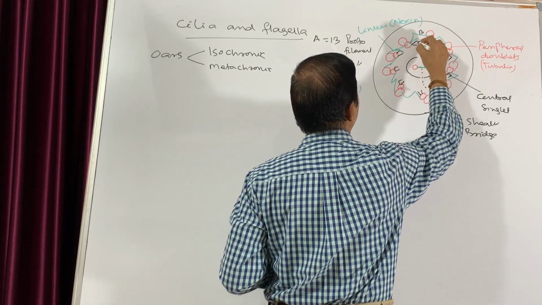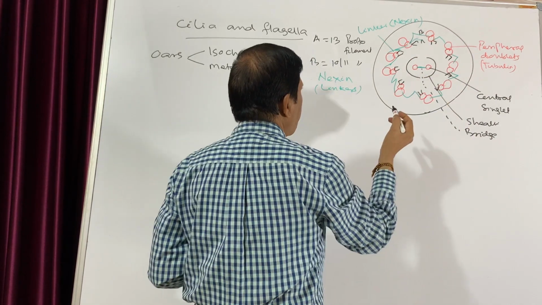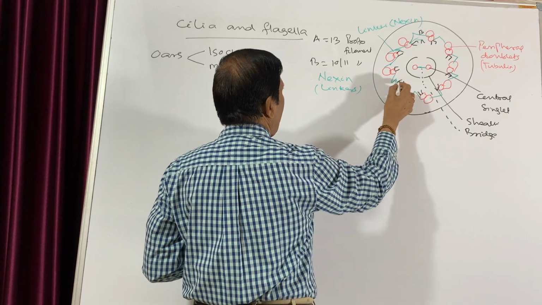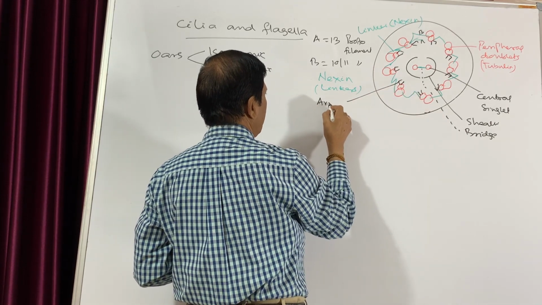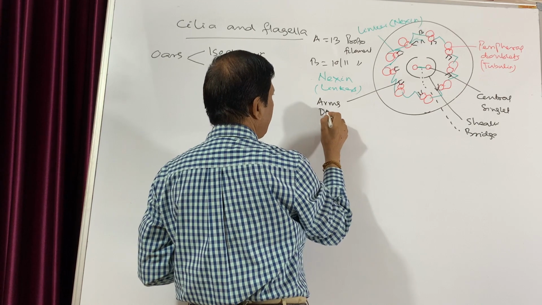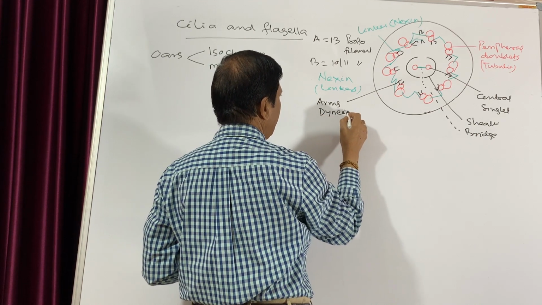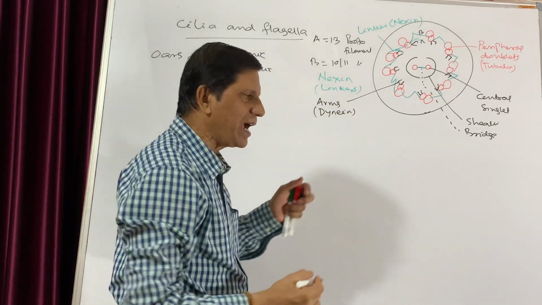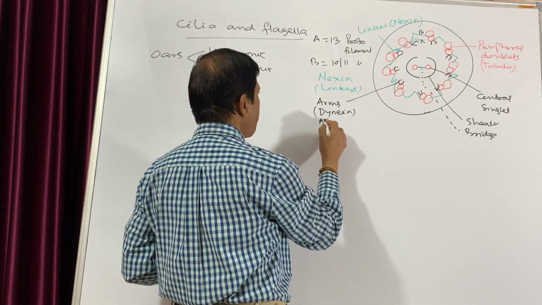One is straight, the other is slightly hooked. These are known as the arms, and the arms are made of the protein dynein, and this dynein has ATPase activity.